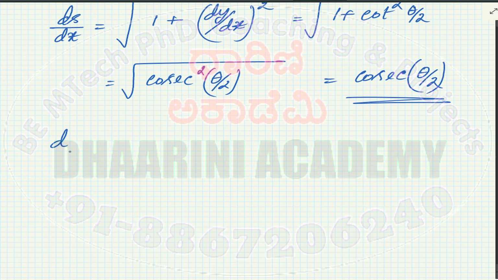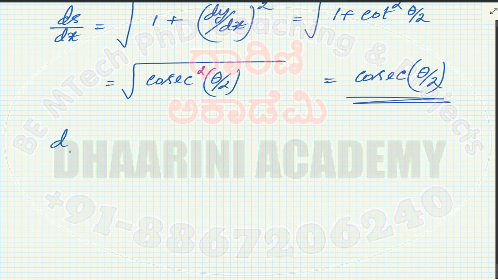I know dy by dx, so if you want to calculate dx by dy, it's 1 by that term.